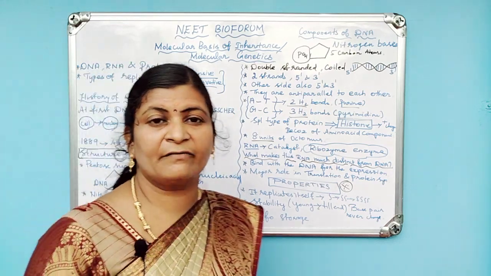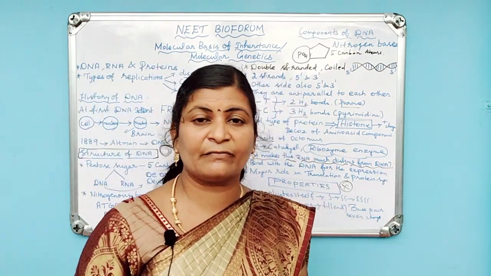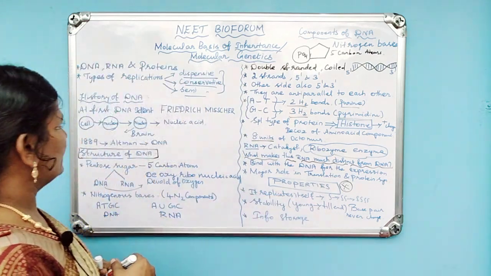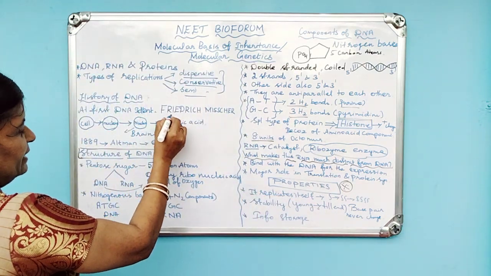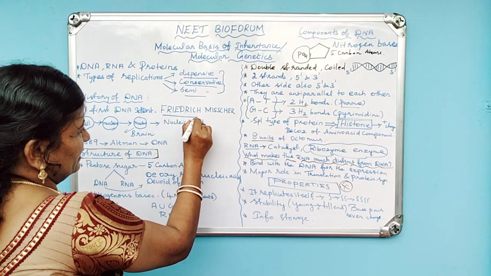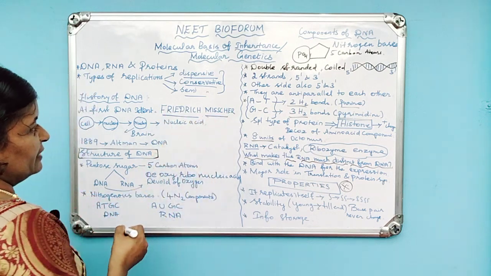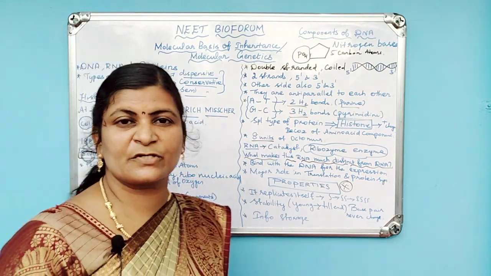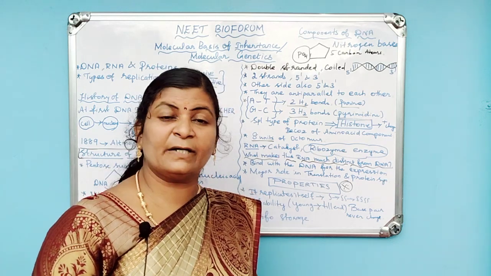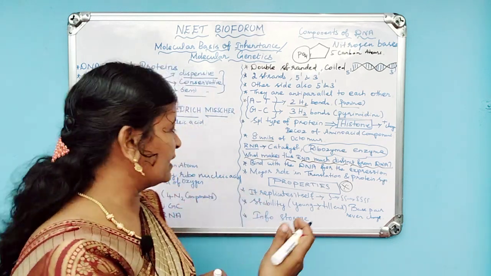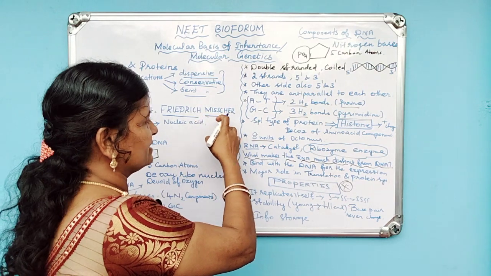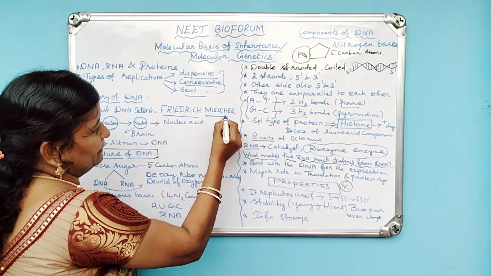First of all we will see the history of DNA. DNA was first identified by Friedrich Miescher. You can remember the name with food items: one is fried rice, another is mixer.